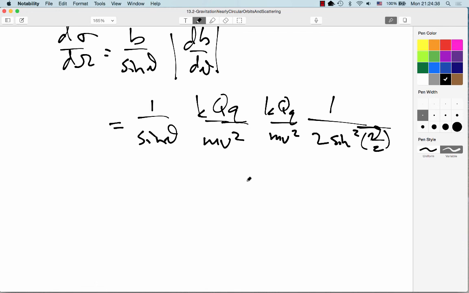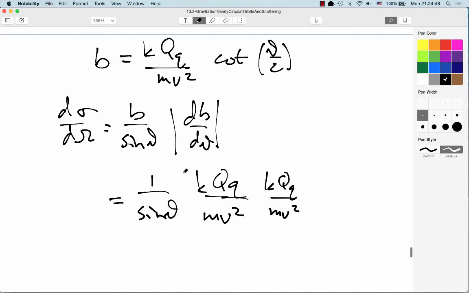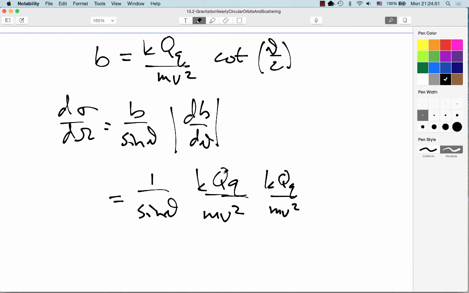Oops, sorry, my bad. I jumped way too many steps there. Let me try that again. So kqq over mv squared, that's b. I forgot the cotangent of theta over 2.